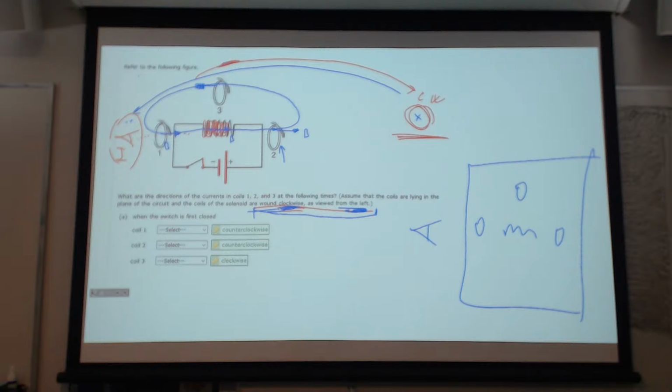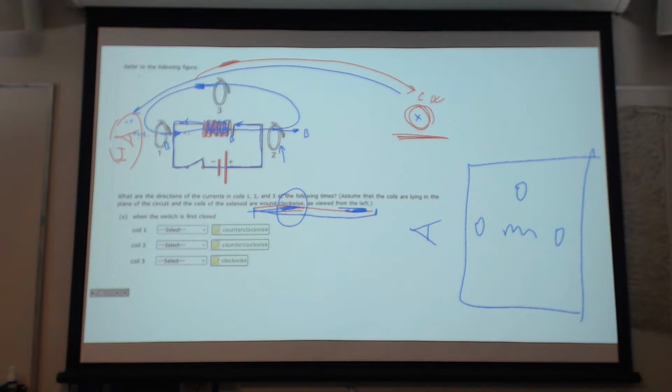No. If you look from the left, the current that travels in the solenoid is clockwise. Of course, when it leaves the solenoid, it travels in a certain direction. And we know how, because it goes from plus, then it goes clockwise relative to that person, then it travels again to minus.